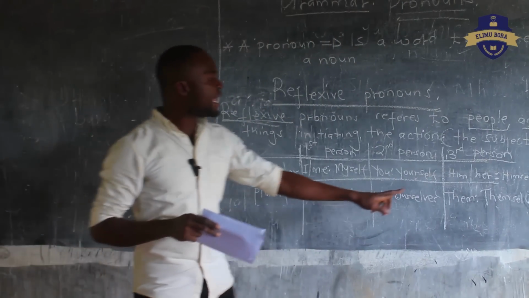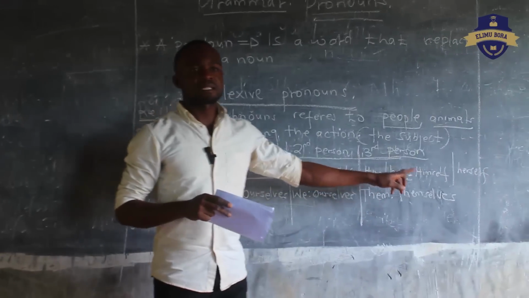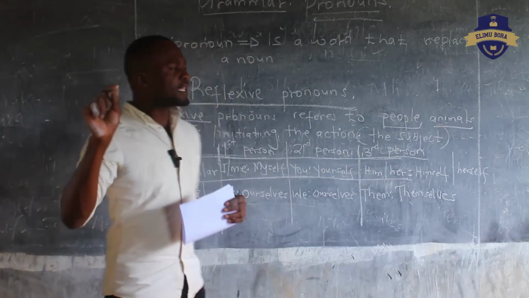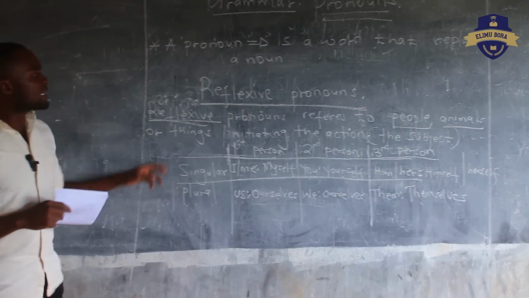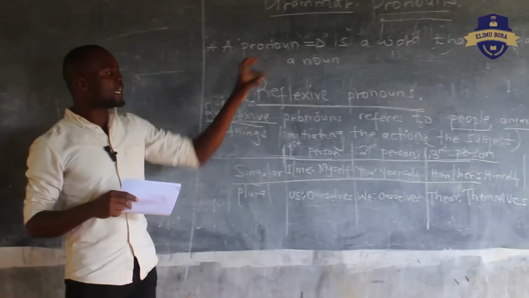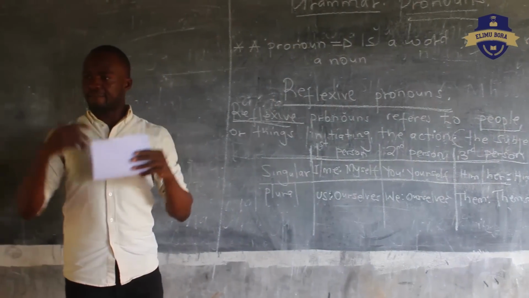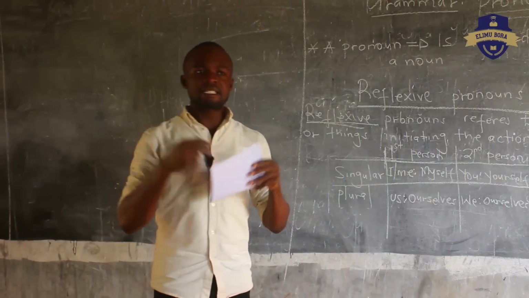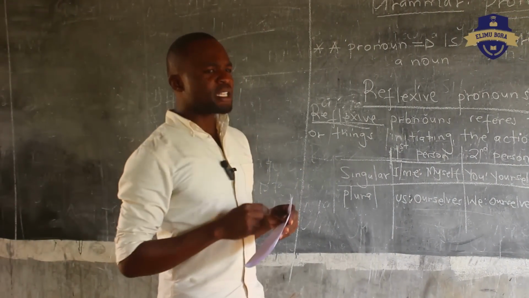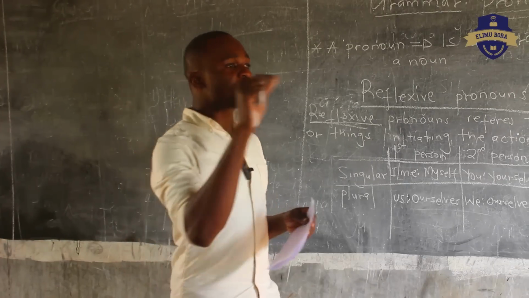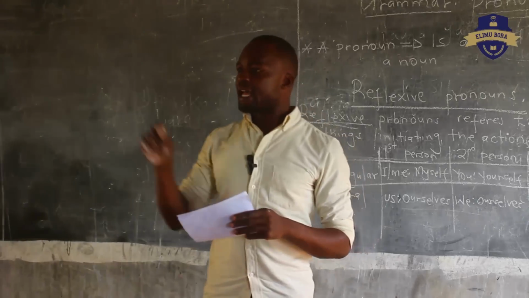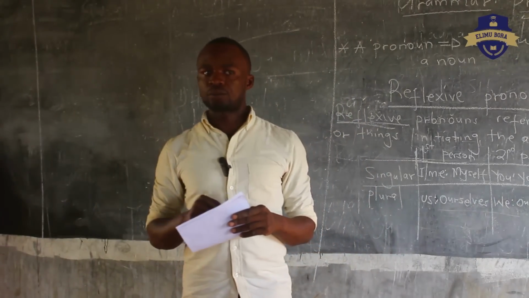We say themselves. We want to write examples showing these reflexive pronouns in a sentence. They are reflecting to the subject. What is the meaning of the word subject? The person doing the action.